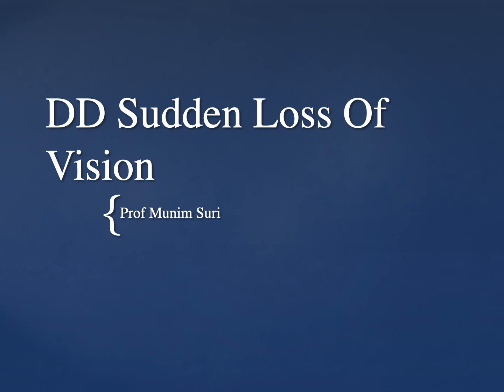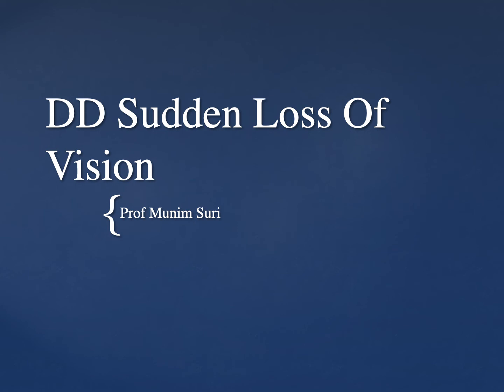Optic neuritis, if it is retrobulbar, all the things are normal. If it is papillitis, then the disc is edematous, congested, veins passing through the disc are dilated, and there are few hemorrhages.